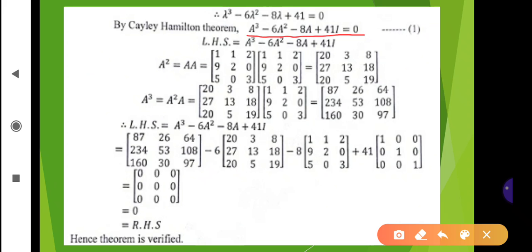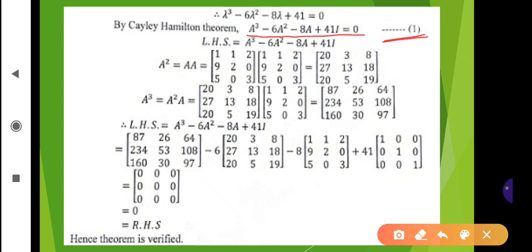That means replace lambda by A. So the first term we get A cube, minus 6 into A square, minus 8 into A, plus 41, and multiply the constant term 41 by I, the identity matrix, is equal to 0. This is the statement of Cayley-Hamilton theorem, call it equation number 1.